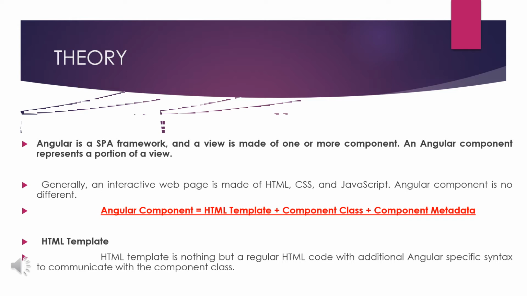We can just code our HTML. For example, I have an h1 tag, an input box and an output box. I can easily give this alone, and it will be built using the HTML primary tags and the component class. So this HTML template will be the view of the component class.